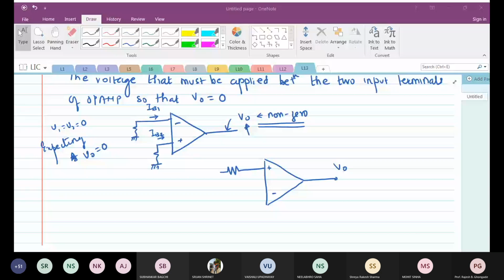So I was talking about the input offset voltage.